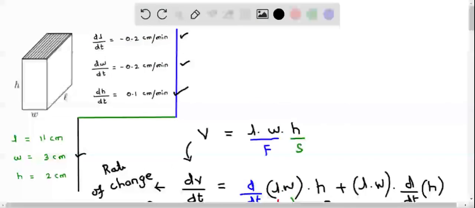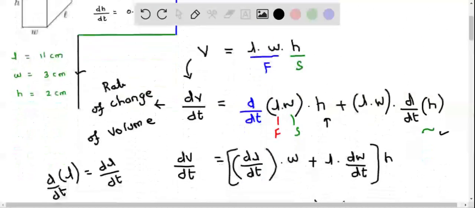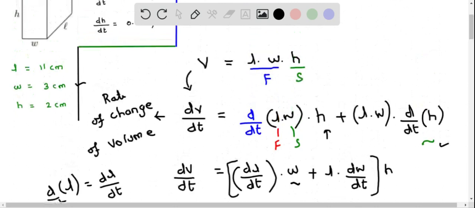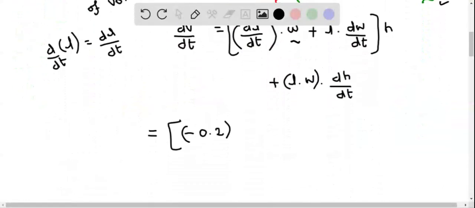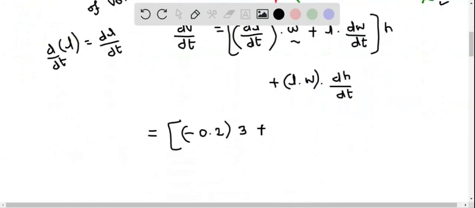So dL over dt is negative 0.2. I'm going to replace dL over dt as negative 0.2. In fact, for dW by dt, because it is also negative 0.2. So then I have the square bracket here. Now I replace W. W is 3 centimeters. So I just put 3 here, plus the length is 11 centimeters. So I put 11 here times dW by dt, that is the rate of change of width.